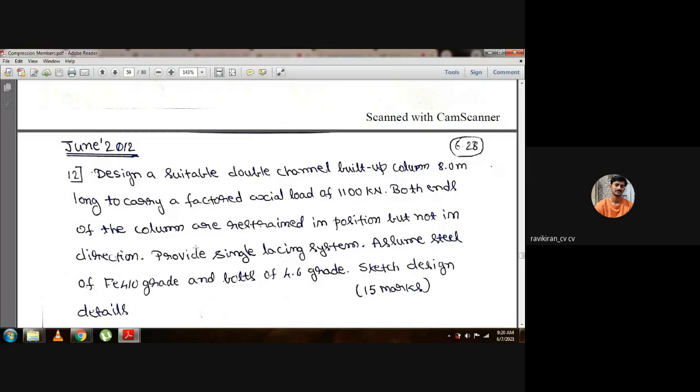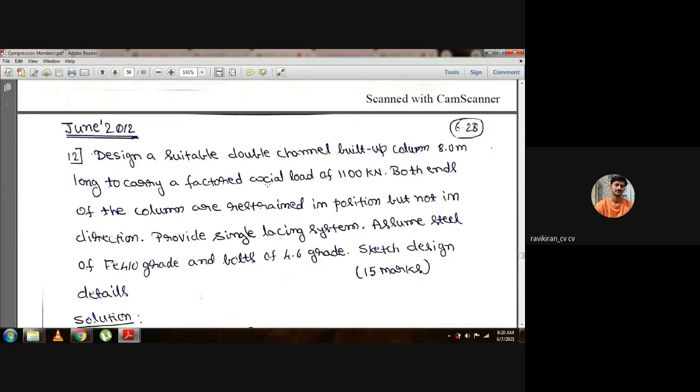Yes, take this problem. Design a suitable double channel built up column. See, it is mentioned: double channel built up column 8 meter long to carry a factored axial load of 1100 kilonewton, factored. Both ends of the column are restrained in position but not in direction.